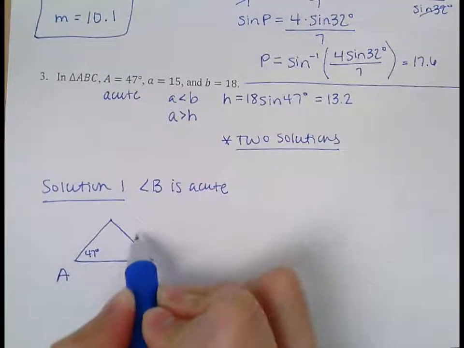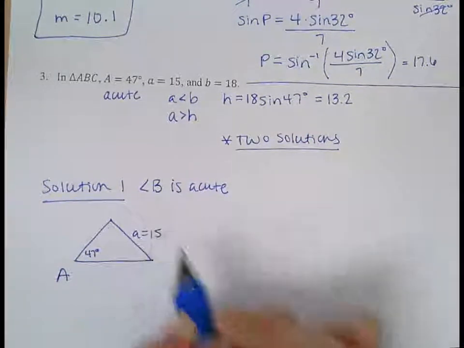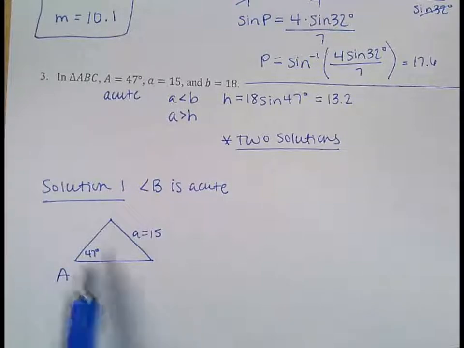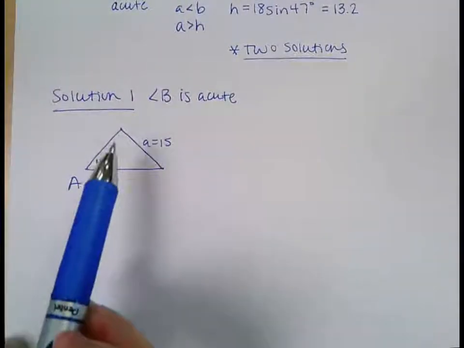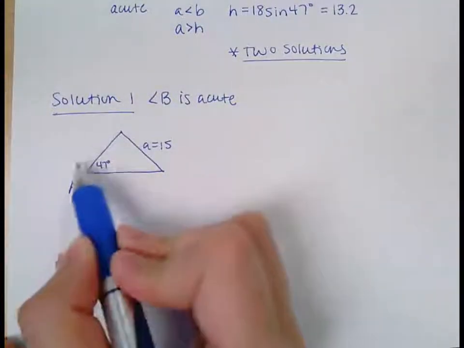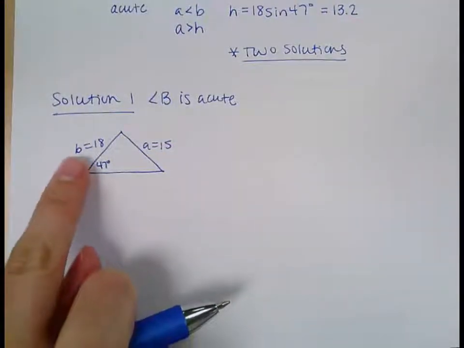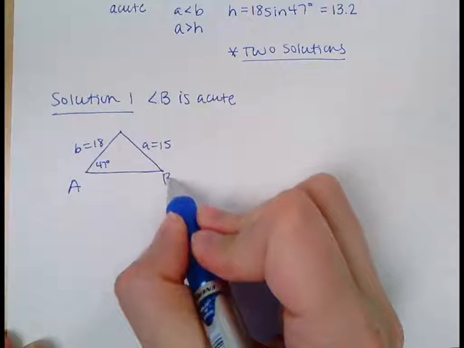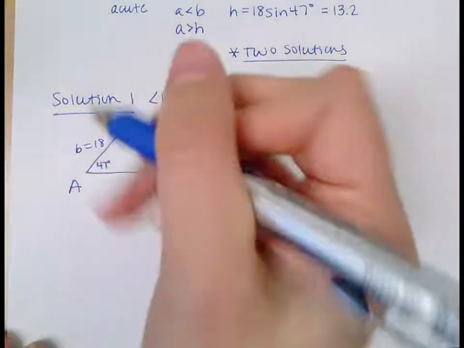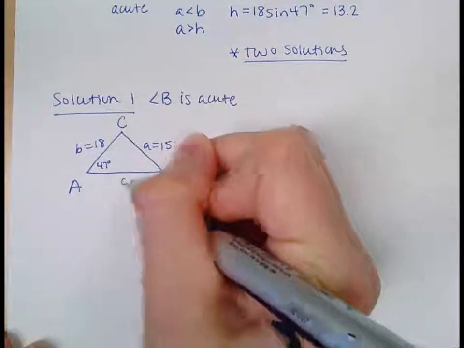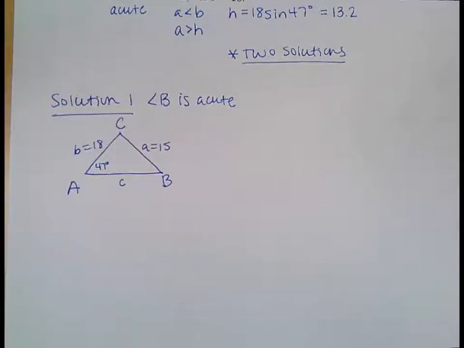Side A is across from angle A and is 15. Side B, again, doesn't matter which remaining side you label as side B. I usually label it far left, so B is 18. And that means angle B is across from that side, so that would be the lower right angle. And then the angle inside left would be angle C.